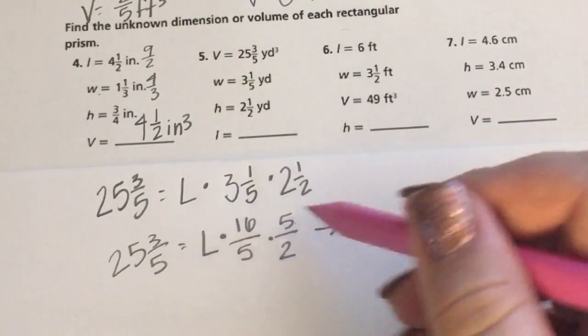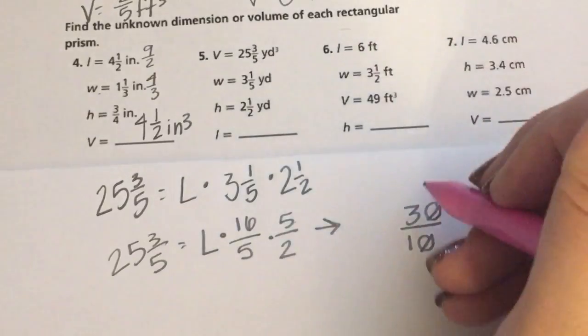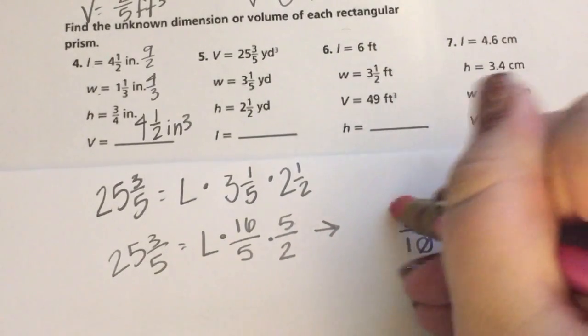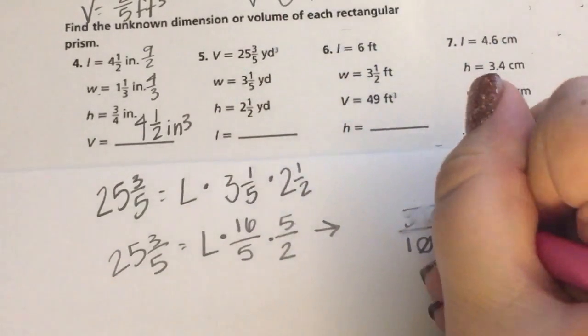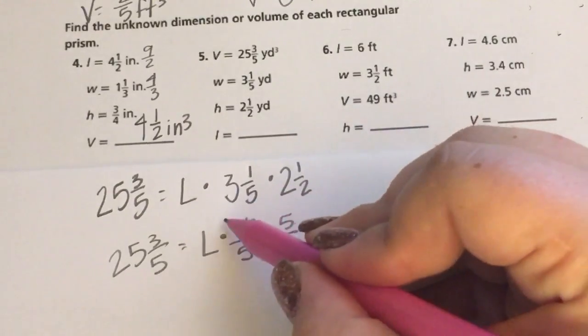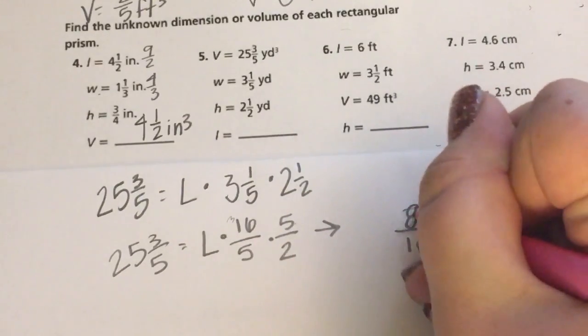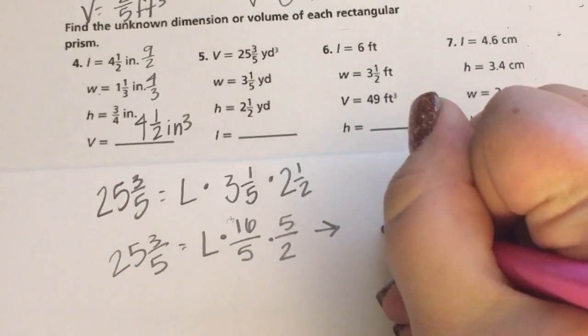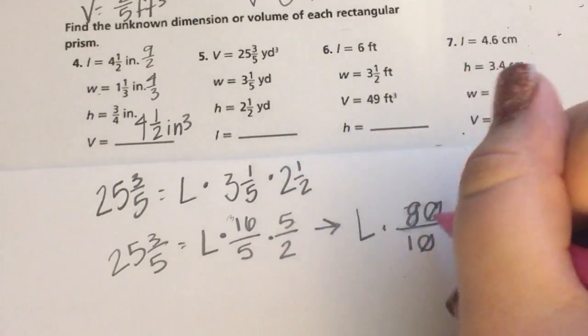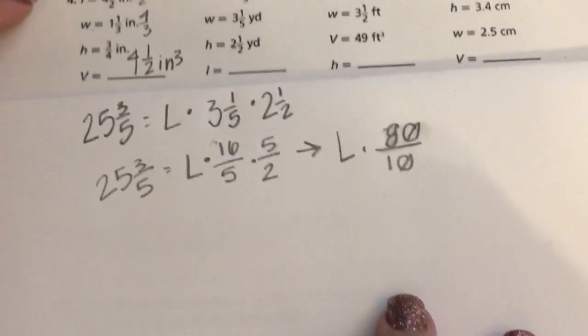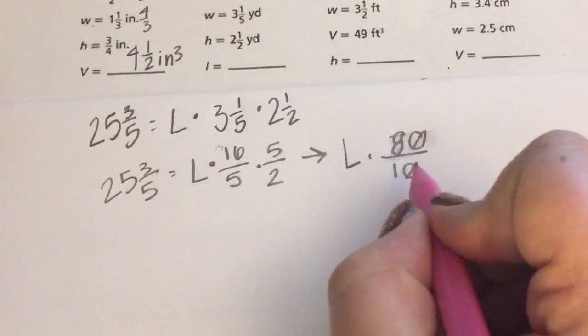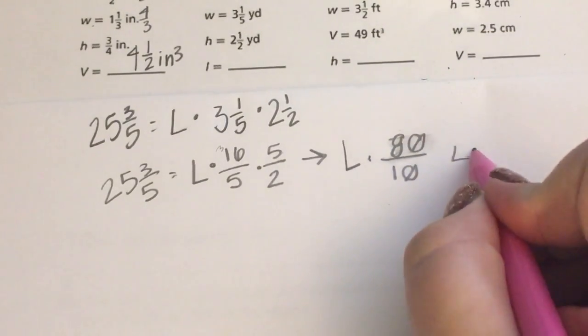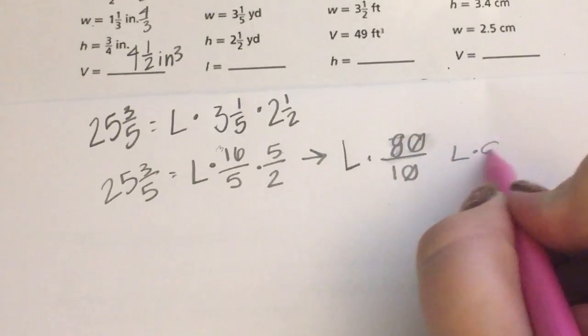We then get 63 over 10. And you can see me, I already said, oh, I messed up. Yep, there's my 6 times 5 is 30. And there, now I totally messed up. Yep, it's 80. Sorry, now I'm trying to do mental math during this. Length is equal to 80 tenths, which, weird, that equals 8.